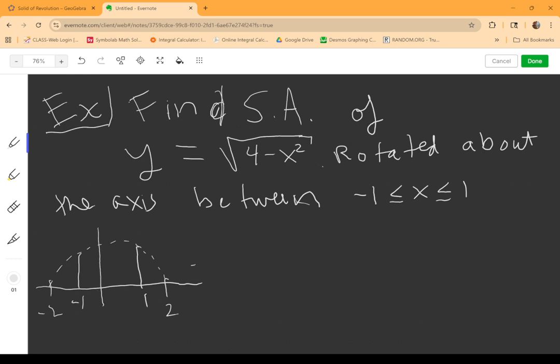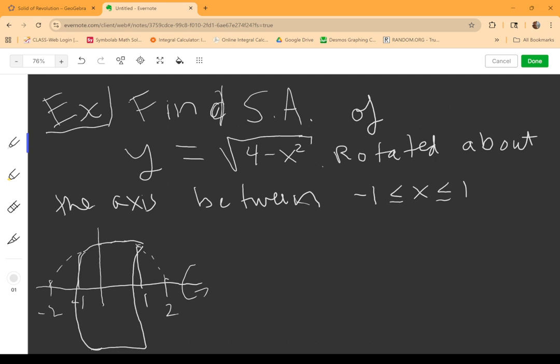So I want to rotate this across the x-axis, so some portion of the sphere. If I were to rotate this whole thing, we'd get a sphere. But I'm looking for this kind of band of it. Think of a sphere with the top and the bottom parts cut off. And we're left with this figure here.